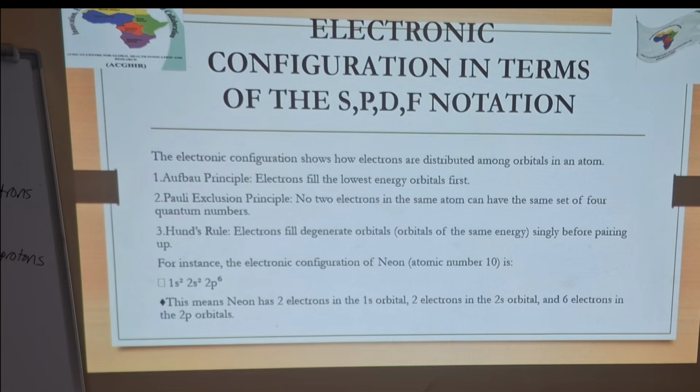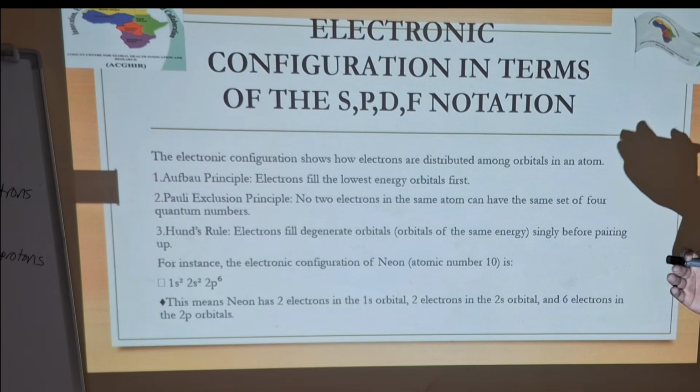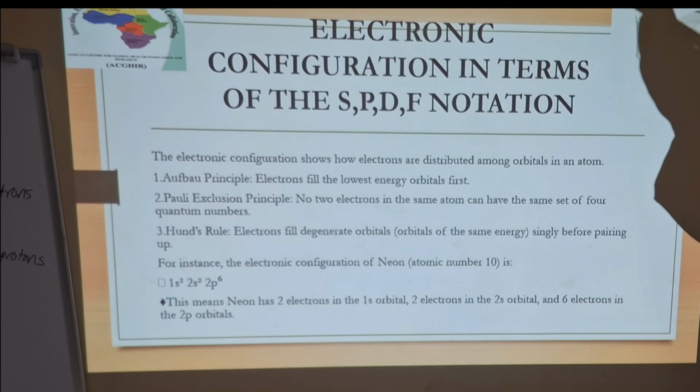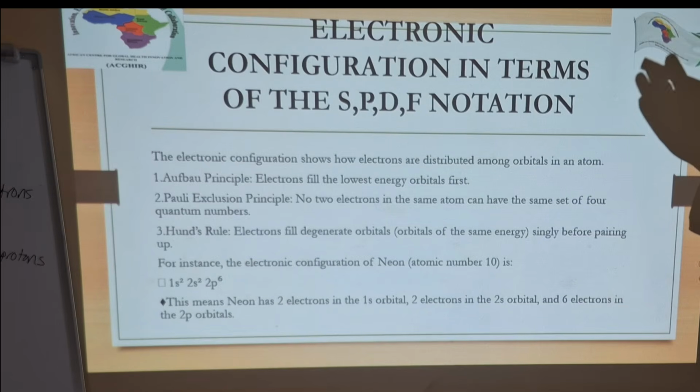We are continuing with the electronic configuration in SPDF notation. There are certain rules to follow. Firstly, we have the Aufbau principle, which states that electrons fill the lowest energy levels first, meaning s levels are filled before we can move on to p levels.